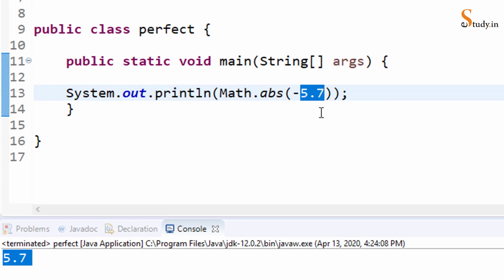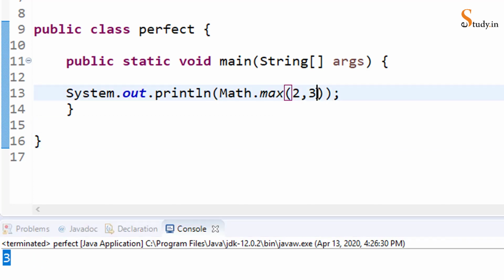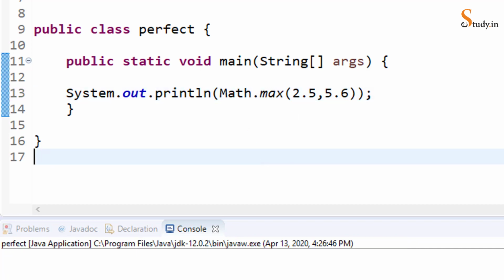So here, if instead of this we use the max function, when you say max 2, 3, it will return 3. So as you can see, 3. Okay, but let's say we have two double values, 2.5, 5.6. So now we have two double values, so it will return 5.6.